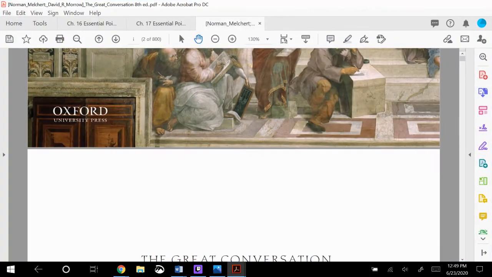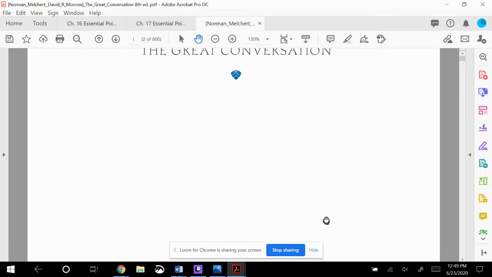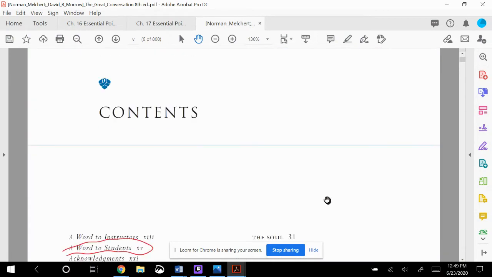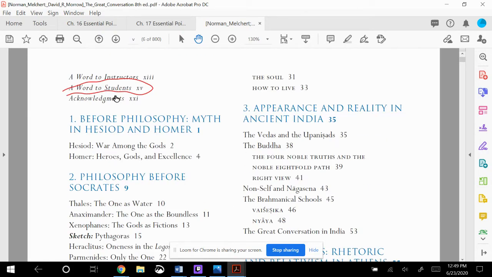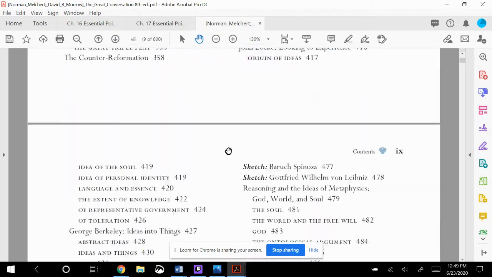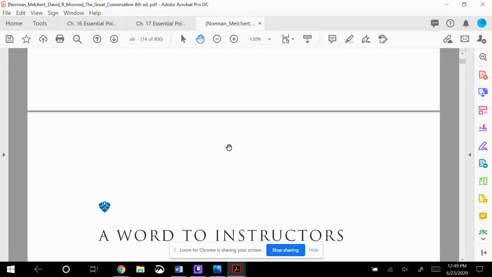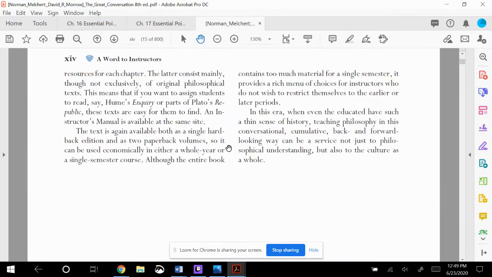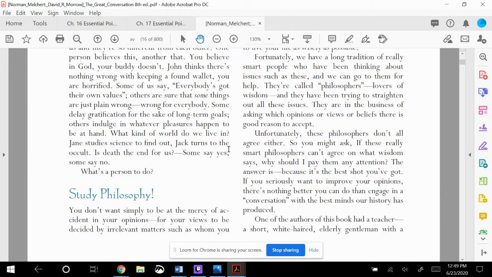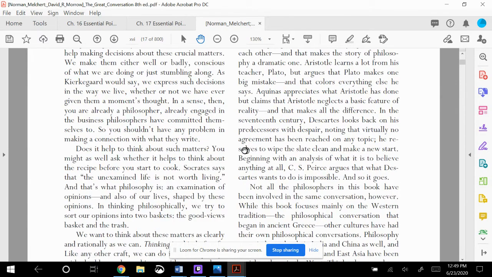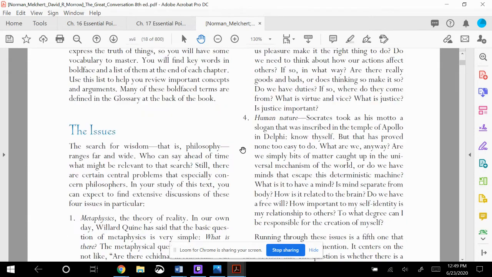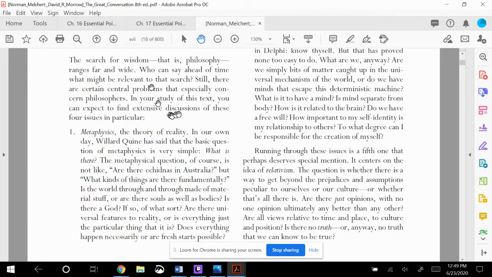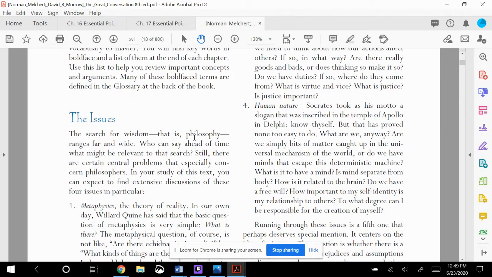oh yeah, and let me just show you something. What I've done is on that Word document, I've kind of hashed out this little guy over here, Word to the students. I've kind of hashed out what the author was trying to do down here when he says study philosophy, and then he starts getting into the issues, metaphysics, right?